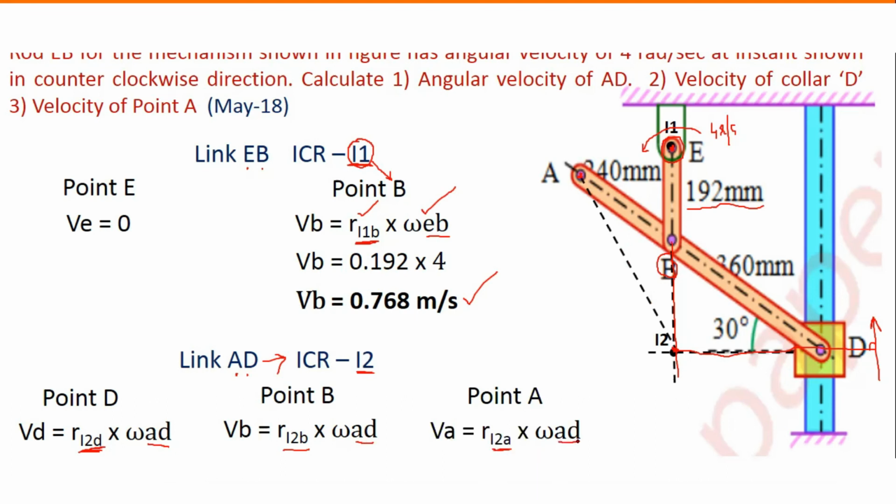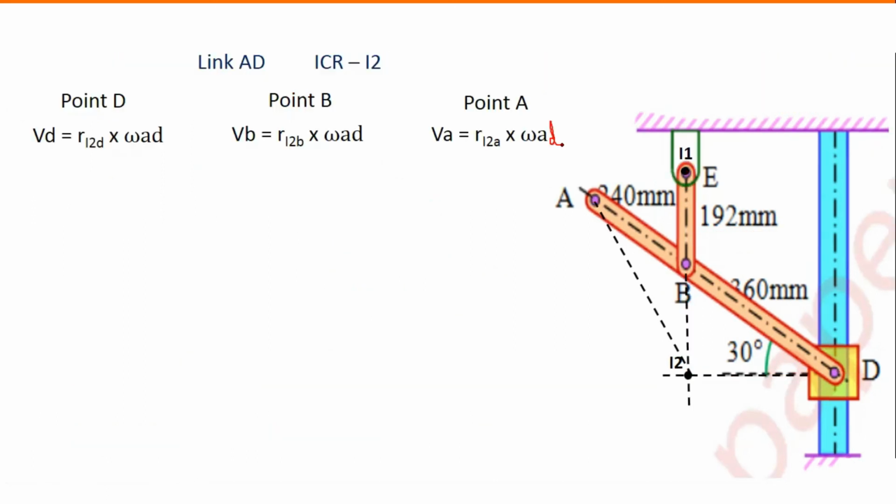Again, nothing new. I have just applied the concepts and logic which we learned in the previous lectures. Okay, let us proceed further. This is the thing I have taken from the previous slide to maintain the continuity of the solution. After writing the equations, the next step is to find R(I2D), R(I2B) and R(I2A).